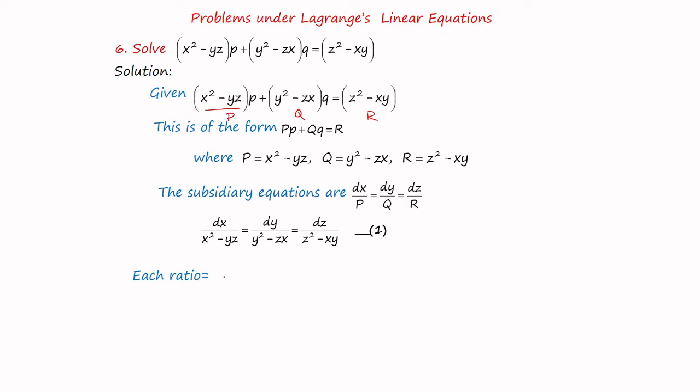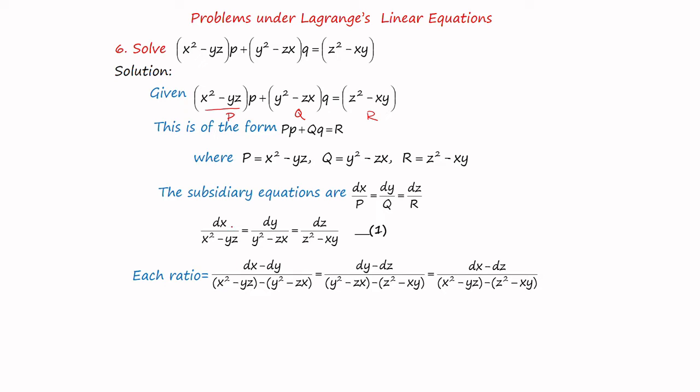Each ratio will be equal to, you have to subtract the first two terms: dx minus dy by x squared minus yz minus y squared minus zx. We take each ratio as the subtraction of two terms: first and 2, 2 and 3, and 3 and 1, or 1 minus 3, that way you can do it.